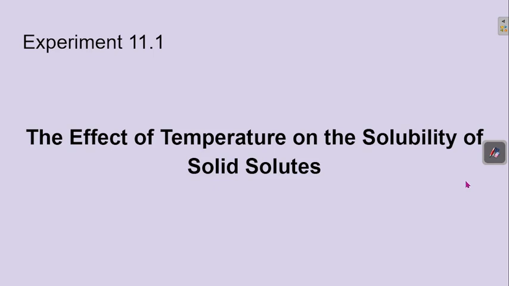You're going to do experiment 11.1 this week. So you're going to see the effect of temperature on the solubility of solid solutes. We're going to talk about it in a minute, but we're going to talk in more detail when we meet on Friday for our Zoom meeting, before you turn in your lab report. And if you have questions, also email me during the week.